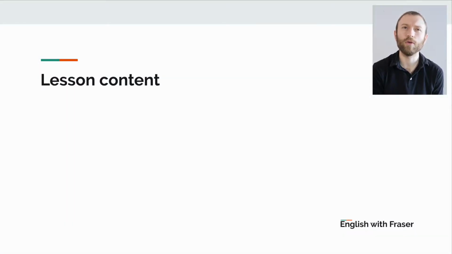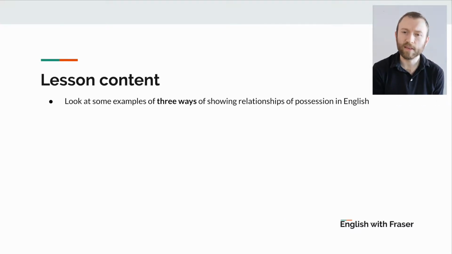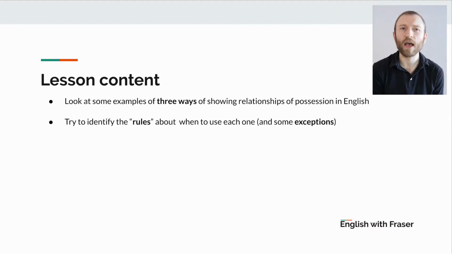Let's take a look. We're going to see in this lesson some examples of 3 different ways of showing relationships of possession. We're going to try to identify the rules about when to use each one as best we can. Now, these are not a perfect set of rules and there are some exceptions.